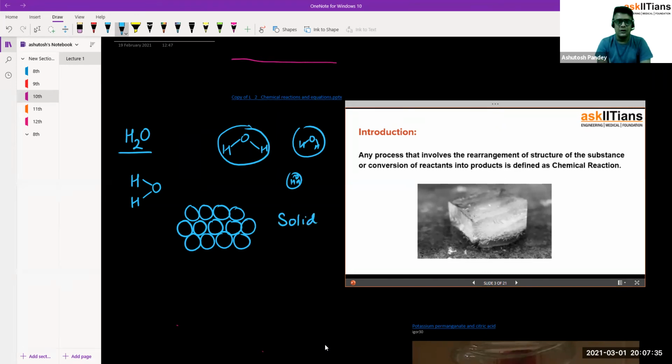What I am trying to explain here is that all these will have H2O. This is one H2O, this is another H2O, so there are different H2O molecules.